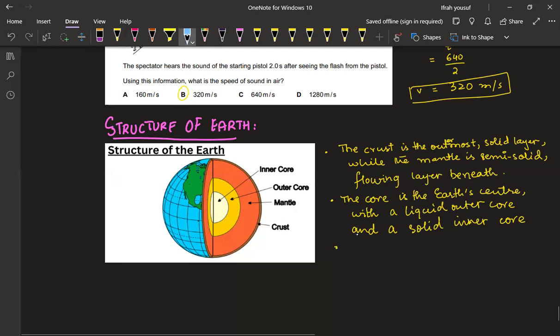Now let's talk about the detail of crust.